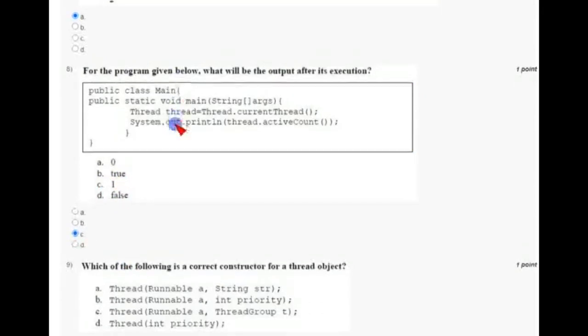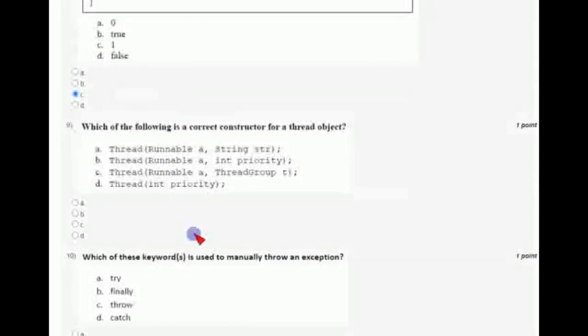Coming to the last but one question, that is 9th question. Let's read that. Which of the following is a correct constructor for a thread object? Friends, if you see the syntax of the constructor we have for a thread object, it is Thread of Runnable and its parameter, comma, String and its parameter.